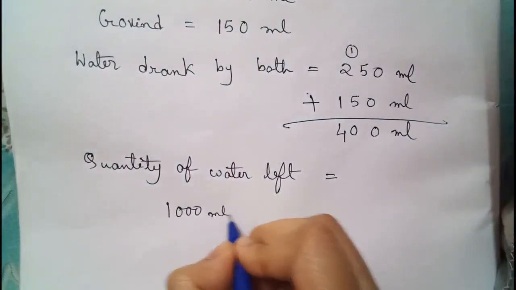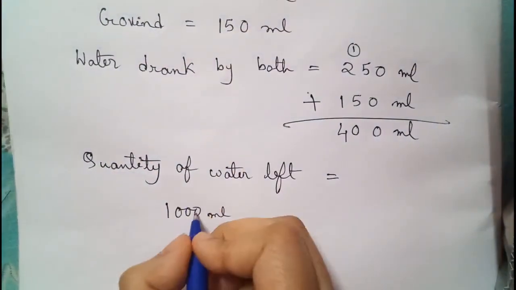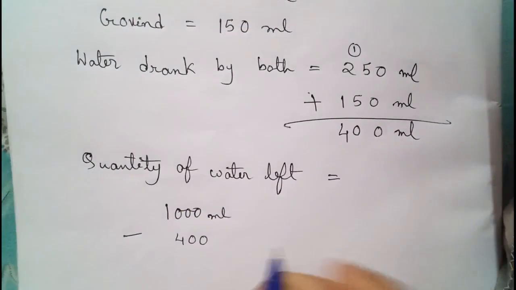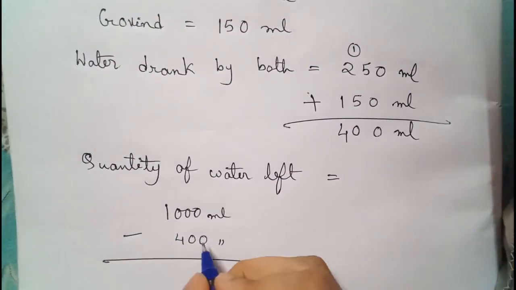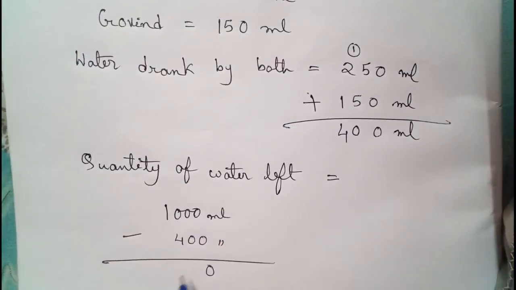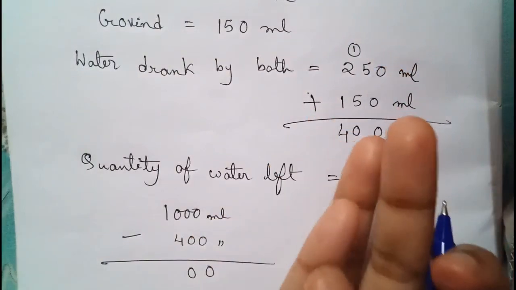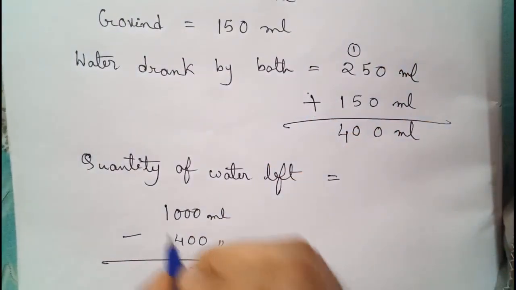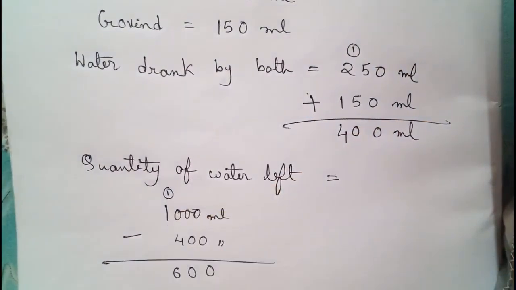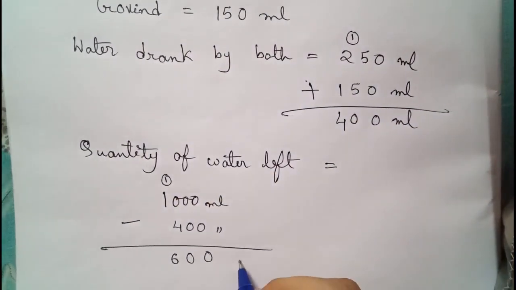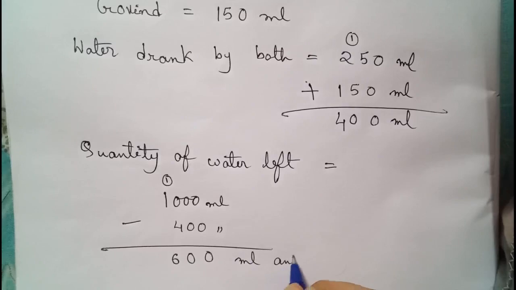So amount of water in the water bottle is 1000 milliliter minus 400. Here 400 we got milliliter. So 0 minus 0 is 0, 0 minus 0 is 0. So here 10. So 4, 5, 6, 7, 8, 9, 10. 6 will be here. Carry will be 1. 1 minus 1 is 0. So the answer is 600 milliliter.